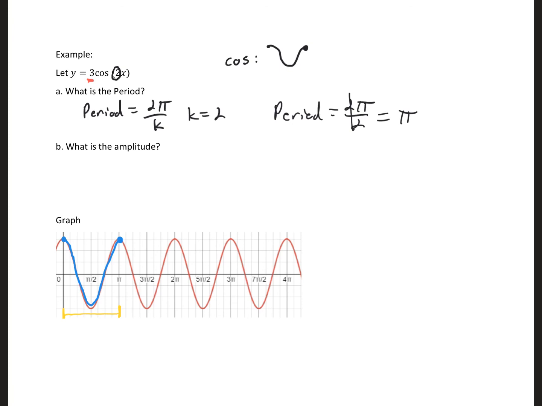So the amplitude will equal the absolute value of 3, which is 3. In our graph, the distance from the midline to the peak is 3, or from the midline to the valley is 3 units. So the amplitude will be 3.